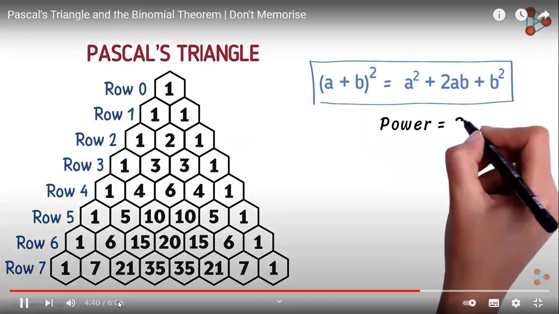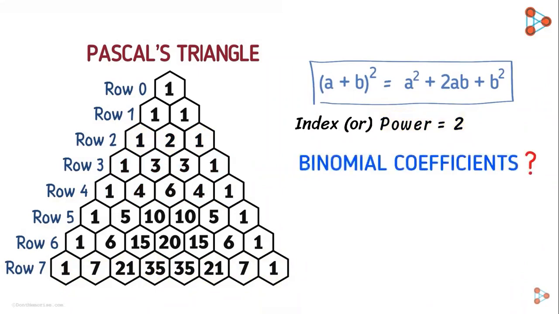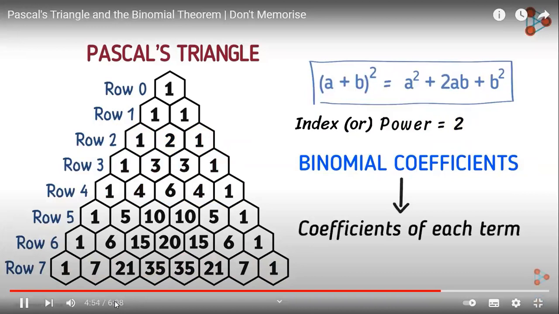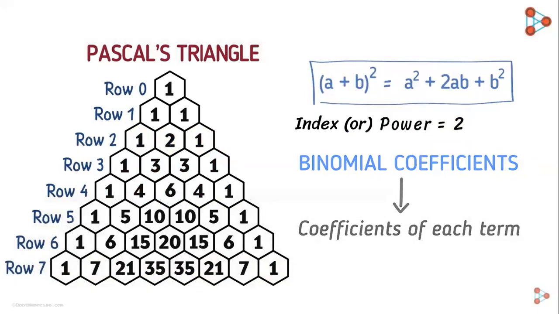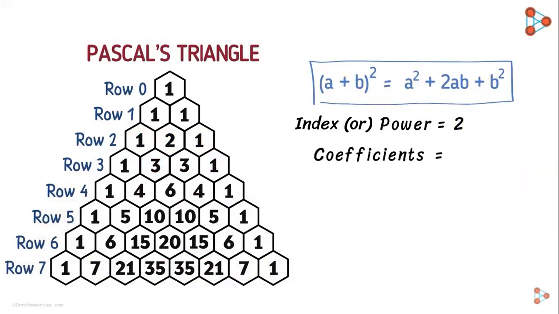You're right, it's 2. This power is also called the index of the binomial. Now, before we proceed further, we need to know what binomial coefficients are. Binomial coefficients are the coefficients of each term in the expansion of the binomial. Can you tell me what the binomial coefficients here are? Yes, they are 1, 2 and 1.